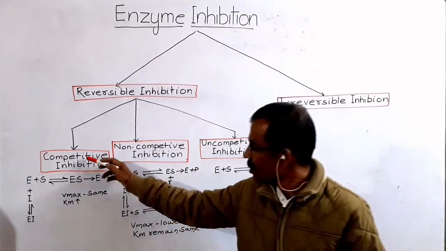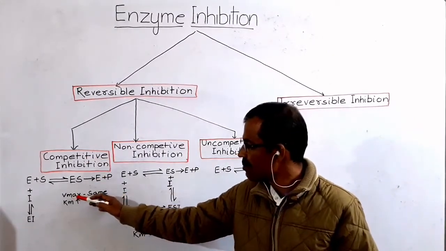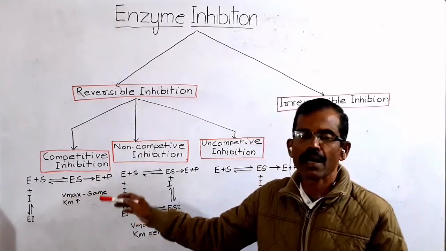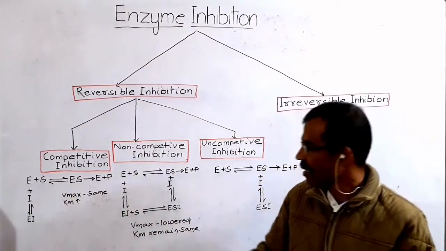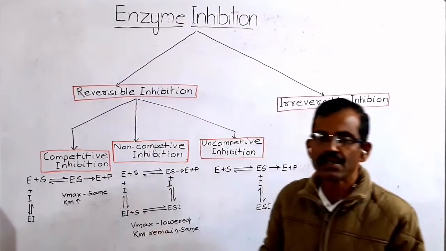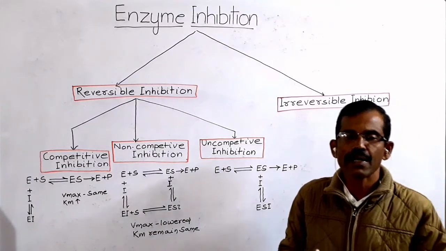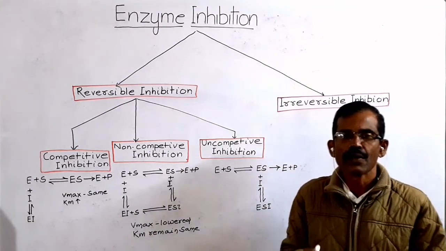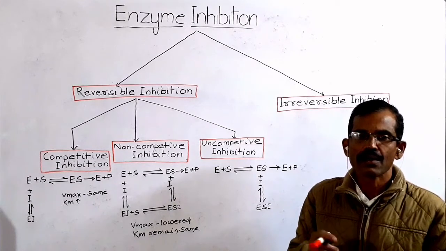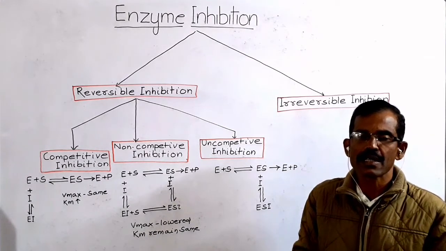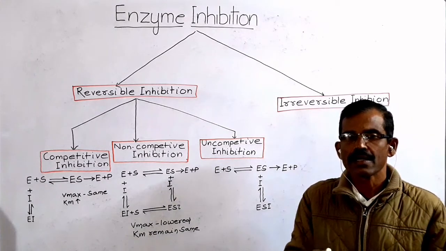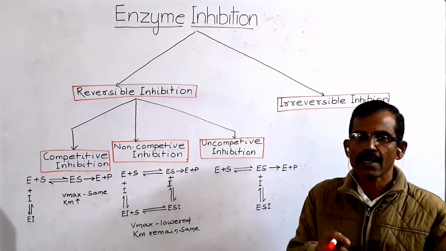In this type of inhibition, the maximum reaction velocity remains unchanged, but the Km value increases. What is Km? It is the Michaelis-Menten constant. It is equal to the substrate concentration at which the reaction rate is half maximal.